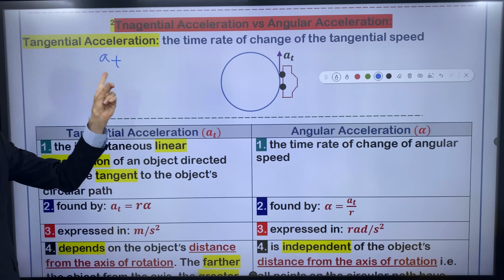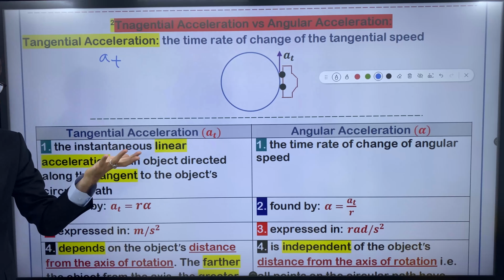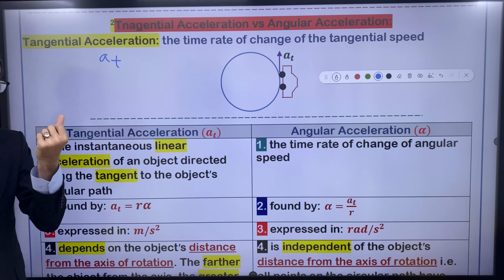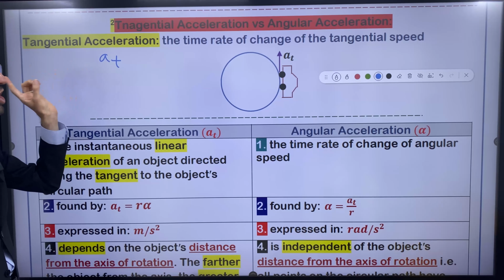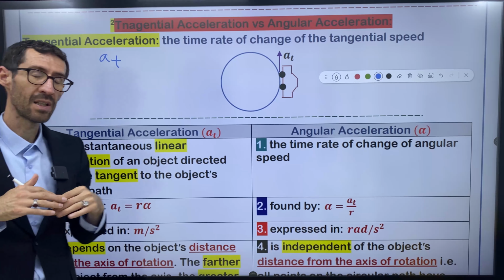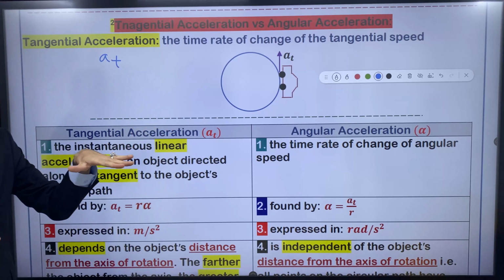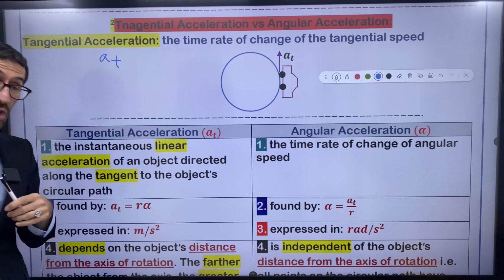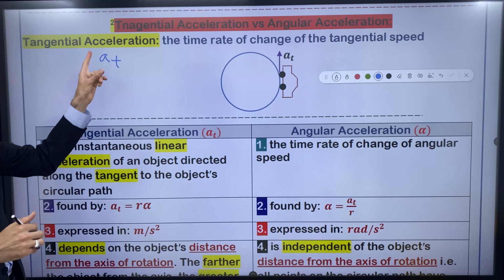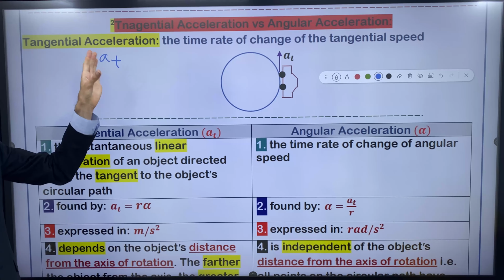Is tangential acceleration a linear acceleration or a rotational quantity? Think about it. Tangent means a straight line drawn along the circular track. That's why it can't be angular acceleration. It belongs to the linear quantities.